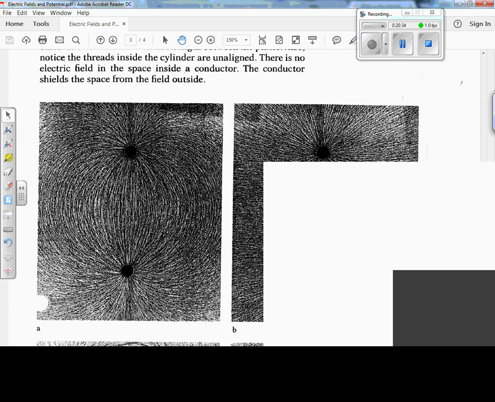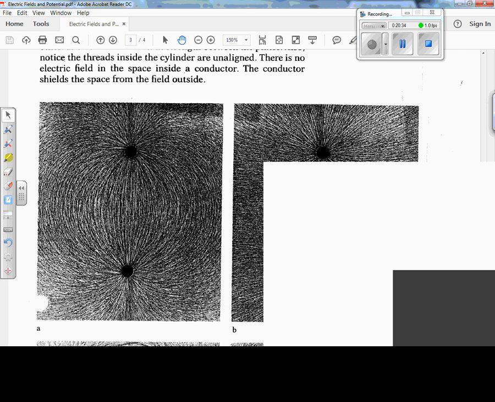Here we've got a charged plate and we've got a cylinder. Are they opposite charge or are they the same charge? They look like they're connected, don't they? They're connected, so that means that they have opposite charges. Notice that inside there is no field.